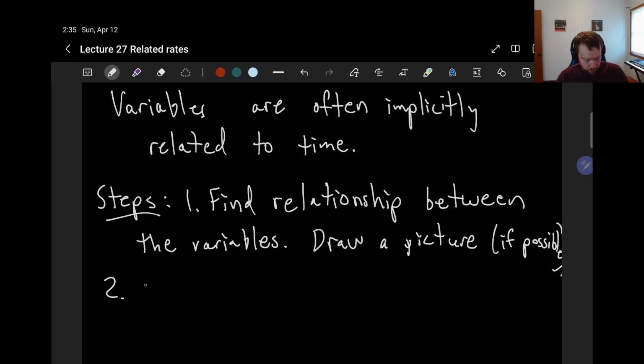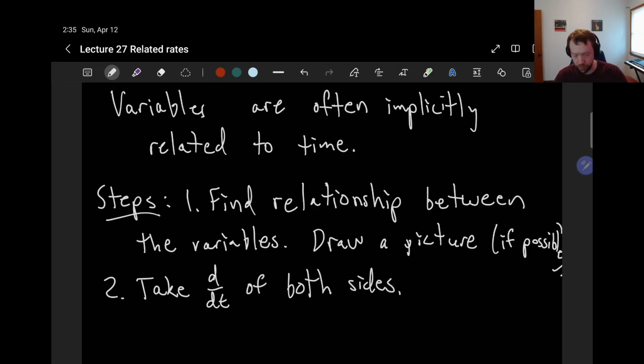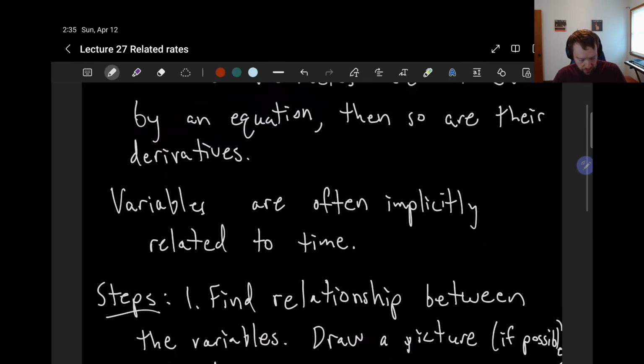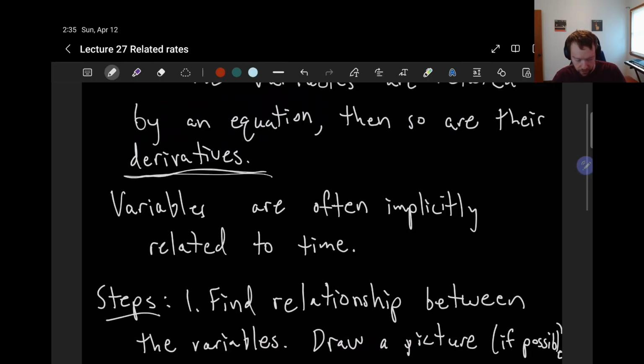Okay, step 2. We take the derivative with respect to time of both sides of our equation. So that's where implicit differentiation comes in, and that's how we'll get these related rates.